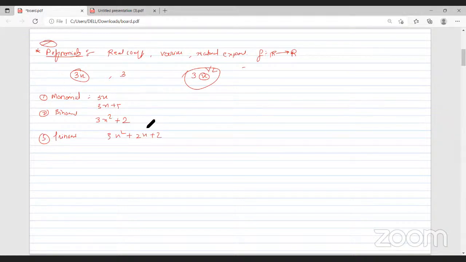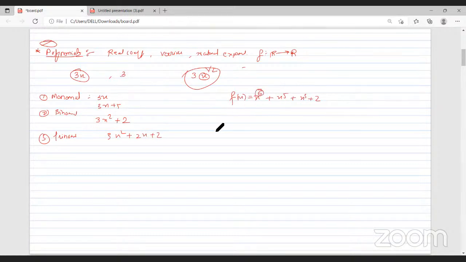So what is the degree of a polynomial then? The highest power of any monomial. With the coefficient here, the degree of this polynomial is 6.